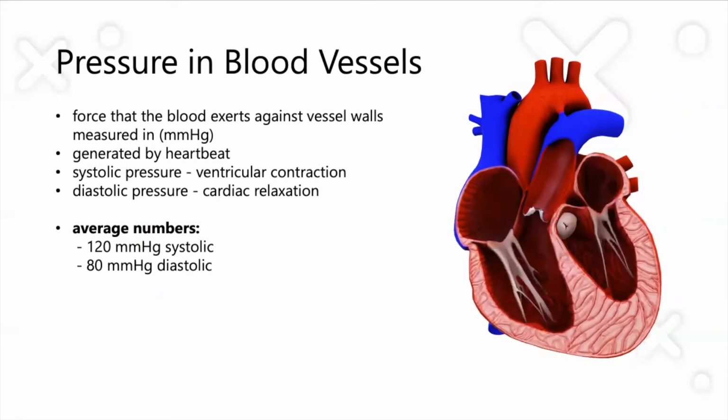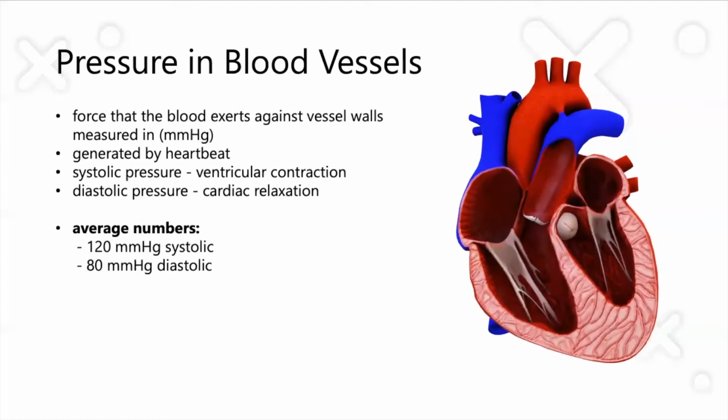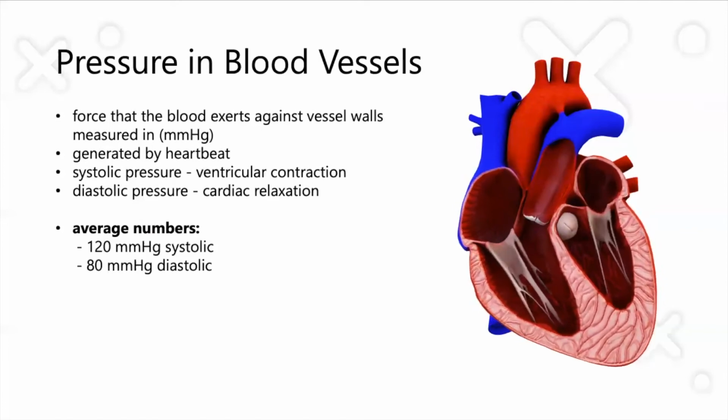And the second one is the diastolic pressure, which is generated by the cardiac relaxation. And here are some average numbers in the human organism, where we have 120 millimeters of mercury for the systolic and 80 millimeters of mercury for the diastolic.